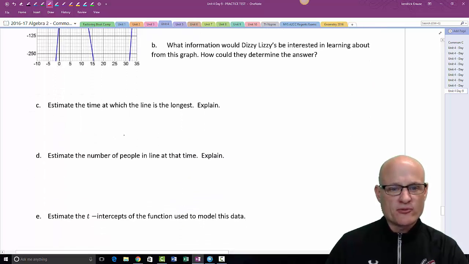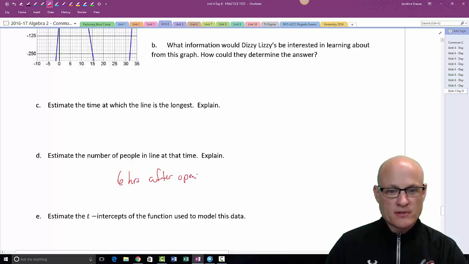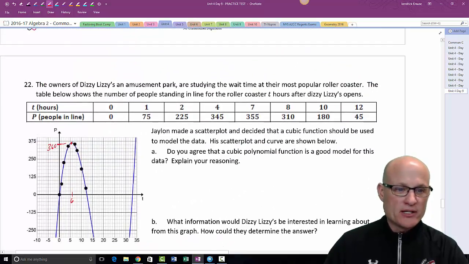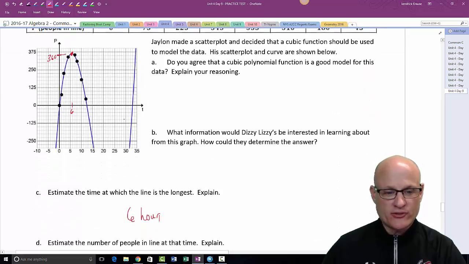So the only thing you can say for this one is 6 hours after opening. This is 6 hours. This would be 360 people, and my explanation would simply be that this is the maximum point. The maximum point is 6 hours after they open, and it looks like there's 360 people.